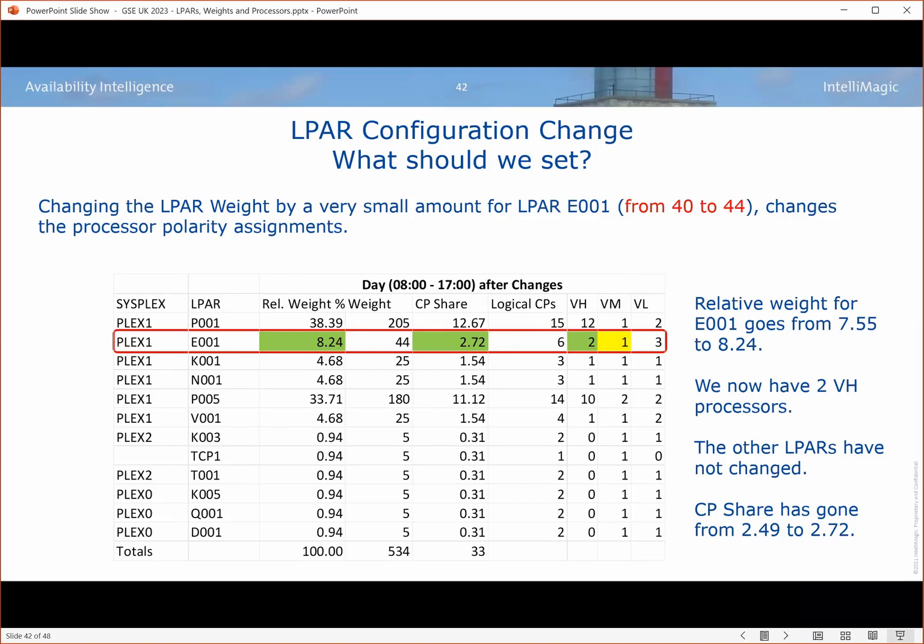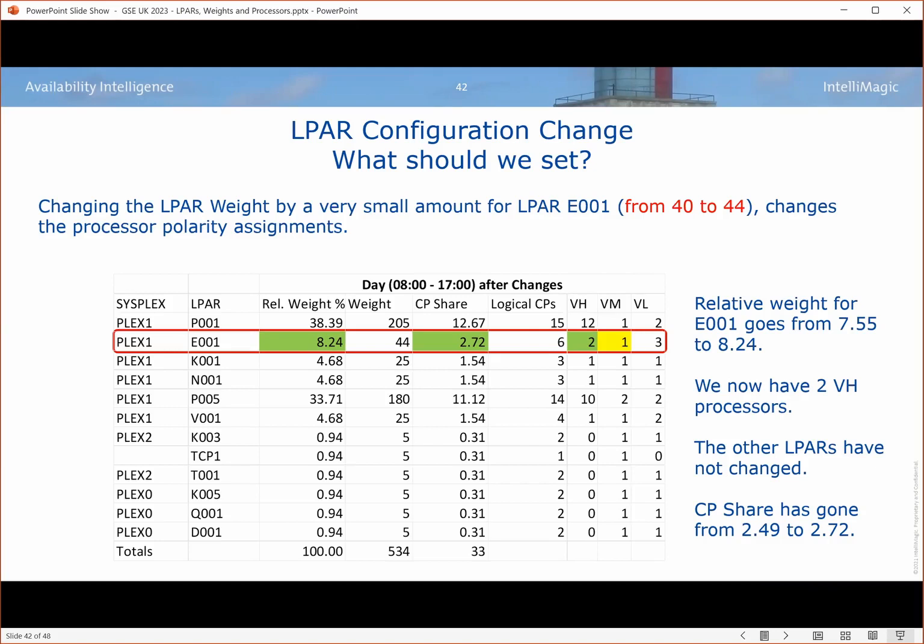And the number of vertical mediums has decreased from 2 to 1. So that small change in relative weight has given me an additional vertical high processor, i.e., hopefully increased efficiency for my workload. And that's what I want. Okay. When I look at the other LPARs, and that's very important, their vertical highs, mediums, and lows have not changed, and their CP shares changed by a tiny amount. So when you change one LPAR on a KEC, you have to look at all the others.